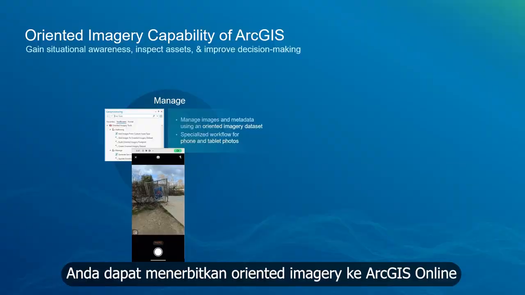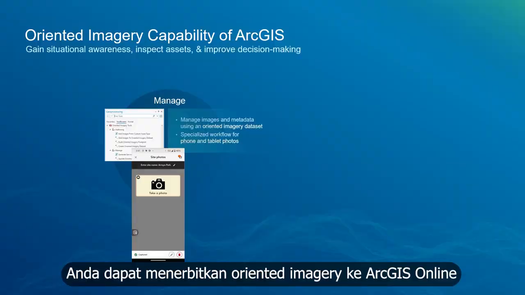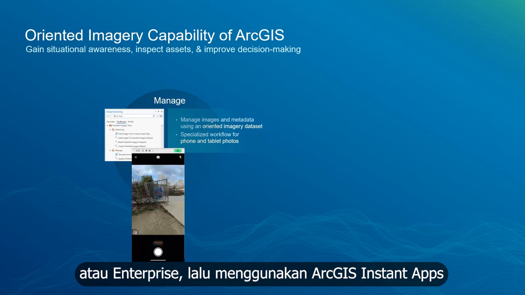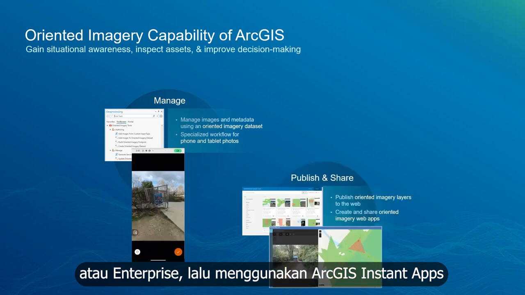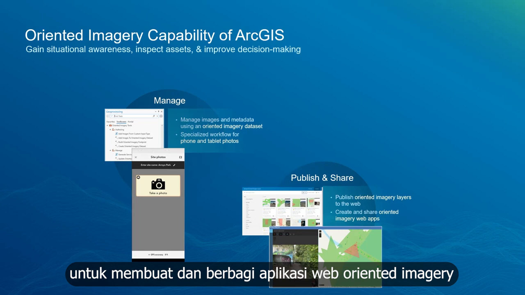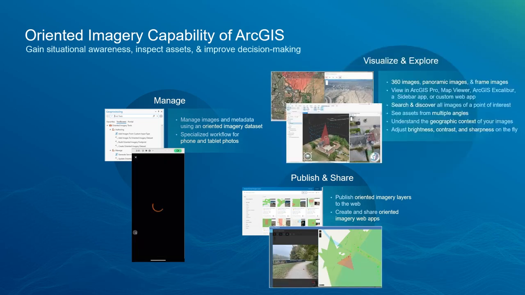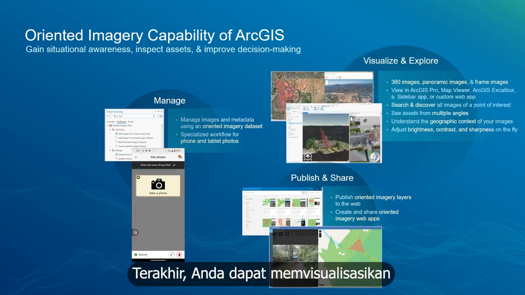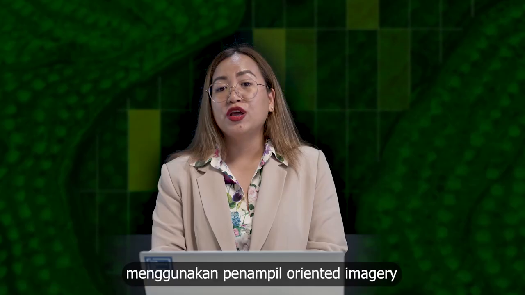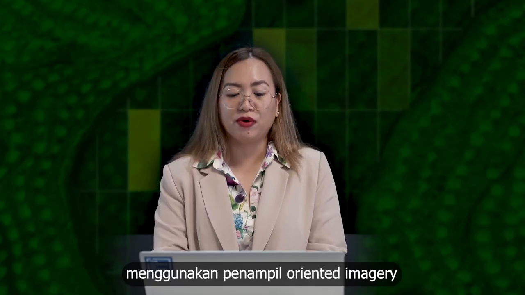You can publish oriented imagery to ArcGIS Online or Enterprise and then use ArcGIS Instant Apps to create and share oriented imagery web apps. Lastly, you can visualize and explore your imagery using the oriented imagery viewer.